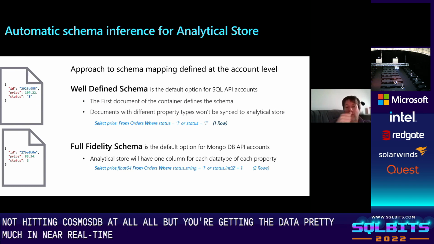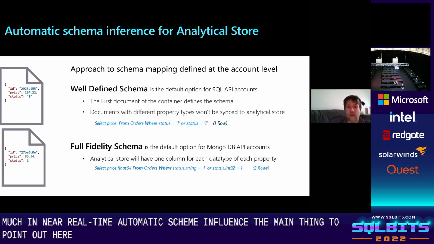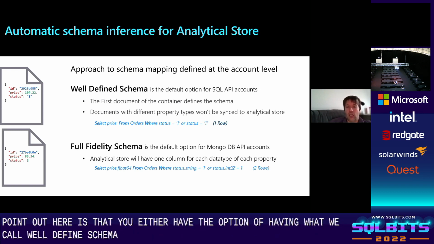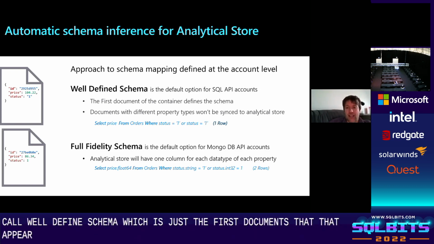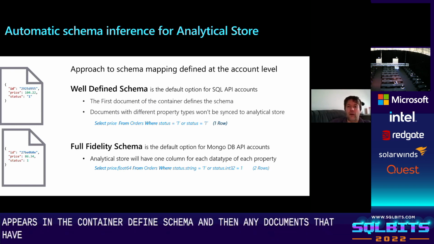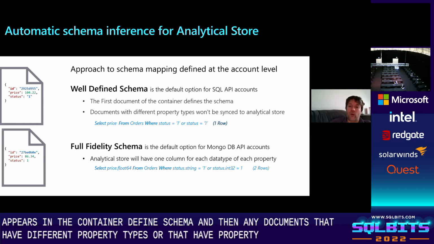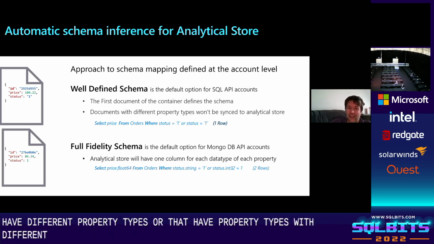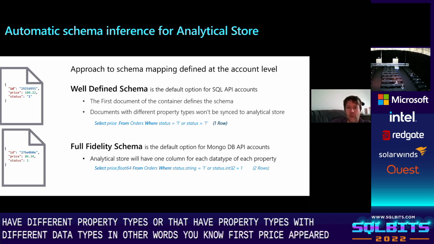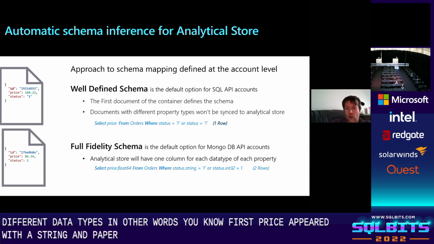So automatic schema inference, the main thing to point out here is that you have the option of what we call well-defined schema, which is just the first document that appears in the container defines the schema, and then any documents that have different property types, or that have property types with different data types, in other words, first price appeared with a string and then it appeared with an integer, that will be ignored.